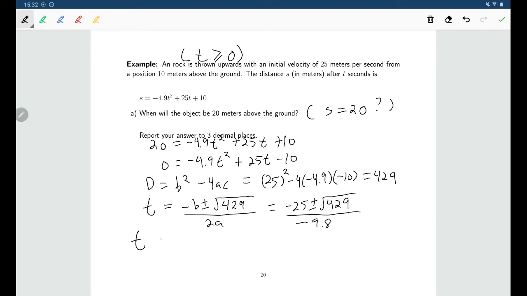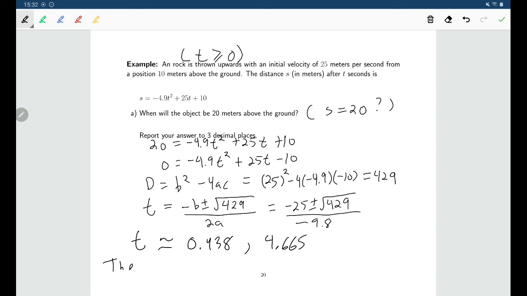t is either approximately 0.43752, so that's 0.438, and the other solution, 4.6645, or 4.665.